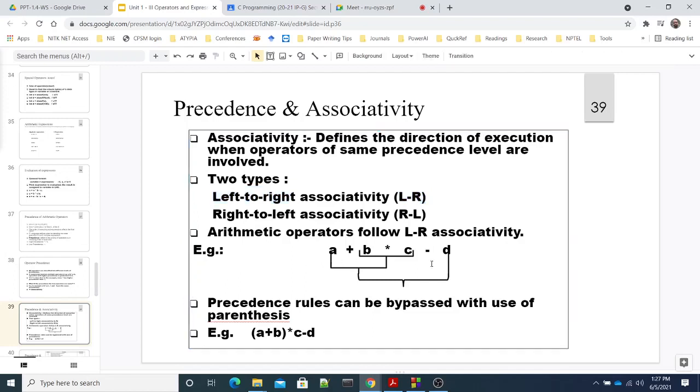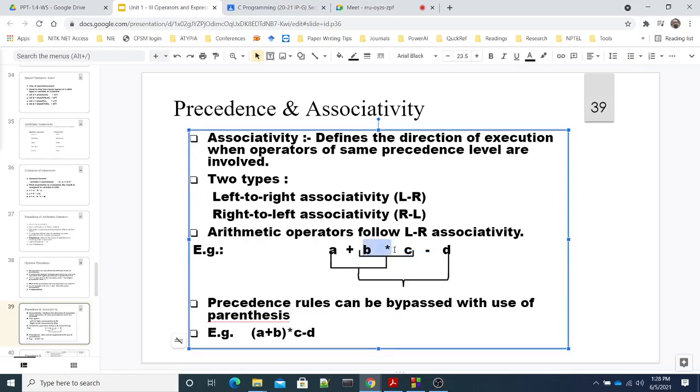Okay, now we will take an example. My expression is a plus b into c minus d. First we apply the precedence rule. According to the precedence rule, multiplication has higher precedence than addition and subtraction. So it is natural that by applying the precedence rule itself, we get to know which sub-expression should be executed first.